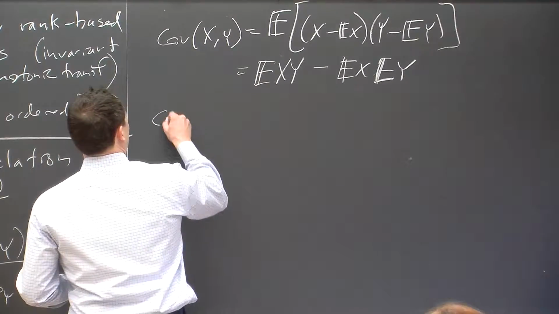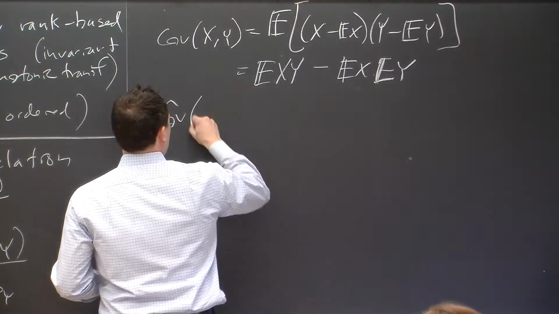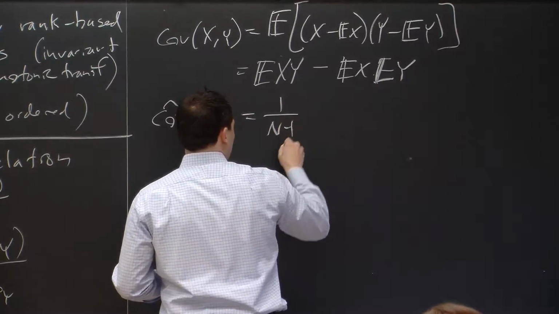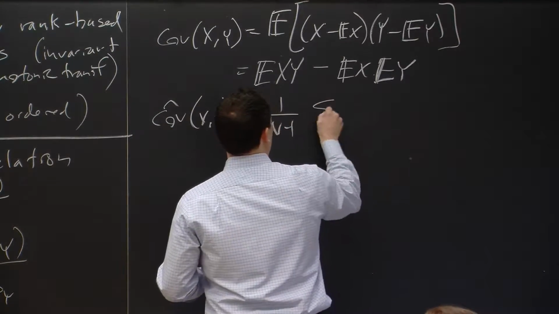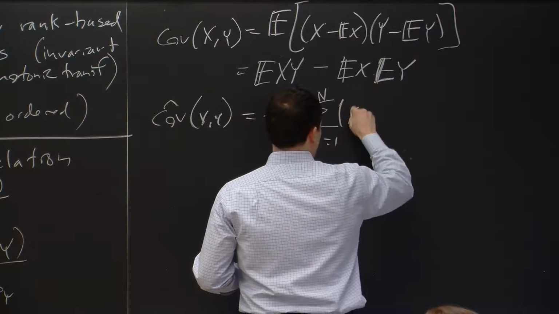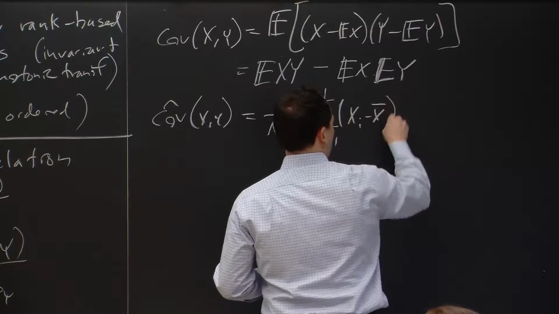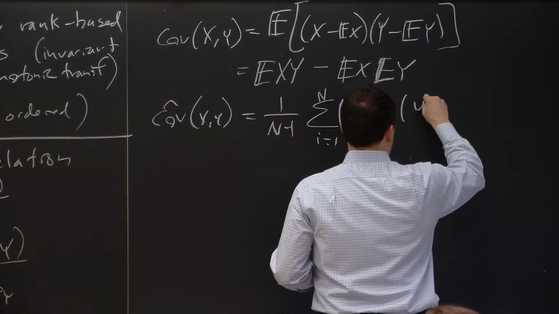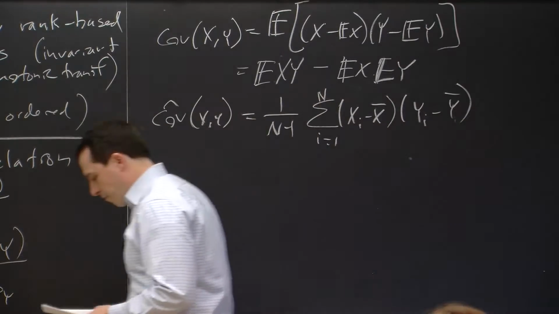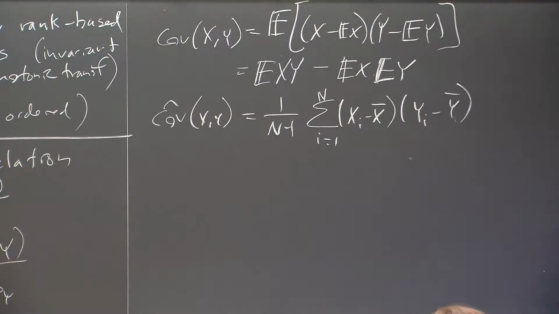And we have an estimator for it from some data. There's an adjustment, you may remember, for correction: xi minus x bar, the average value for x, times yi minus y bar. Okay, so much is simple.